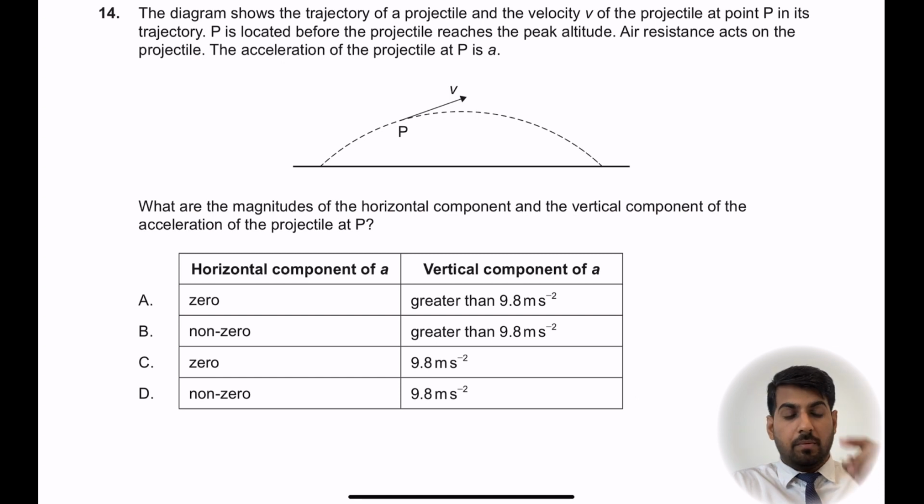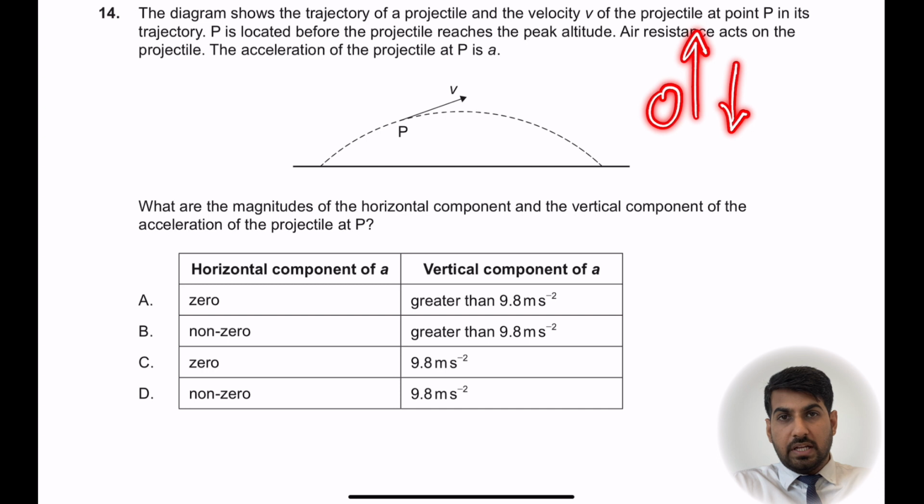Now when it is moving upward, guys, it is still moving upward, right? So air resistance will act in the downward direction and g is also acting in the downward direction.